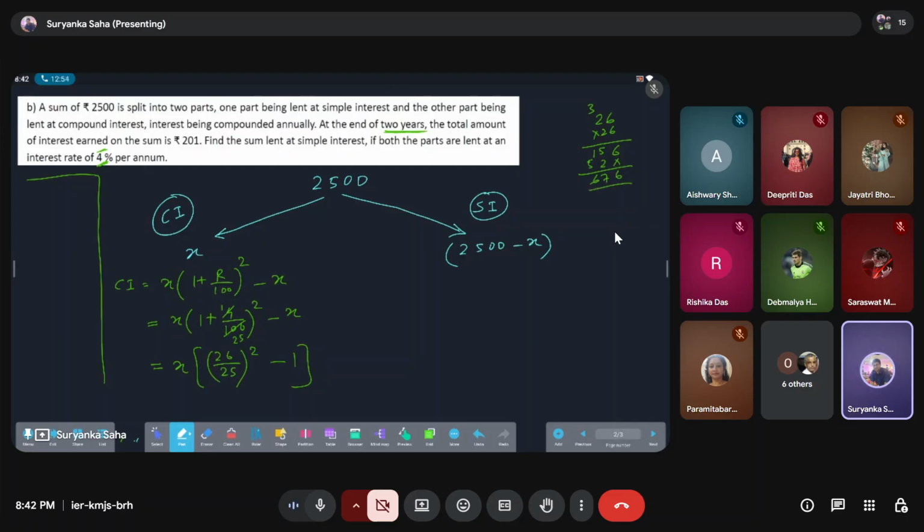So it will be, let me write over here, x into 676 by 25 square, which is 625, isn't it? 625, just a minute. 625 minus 1. So it will be 676 minus 625.